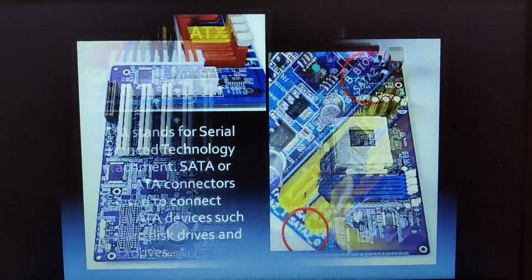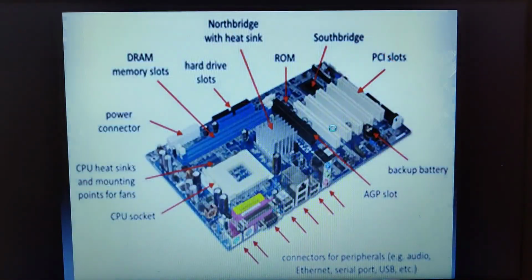Let me show you the other images of the ATX. Here you can see this is the processor socket, the CPU socket, onto which we mount the fan. Then this is the power connector. These are the DRAM slots, that is dynamic random access memory slots, and then these are the hard drive slots to connect.